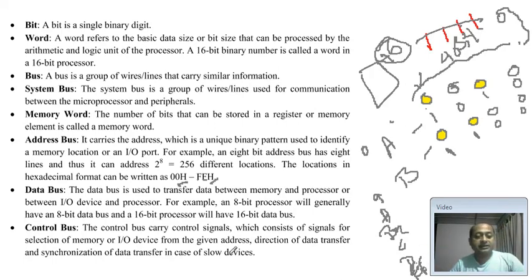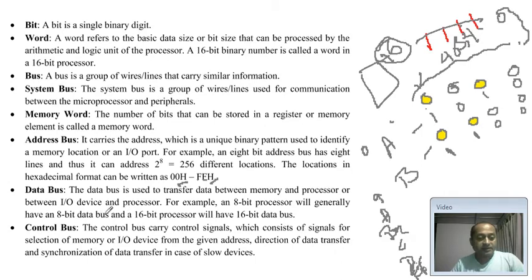The data bus, you have seen in all the cases. The control bus is two-way, while the data bus in some cases is one-way and in some cases two-way. So you can see clearly the address bus is input and output, and it is in hexadecimal.